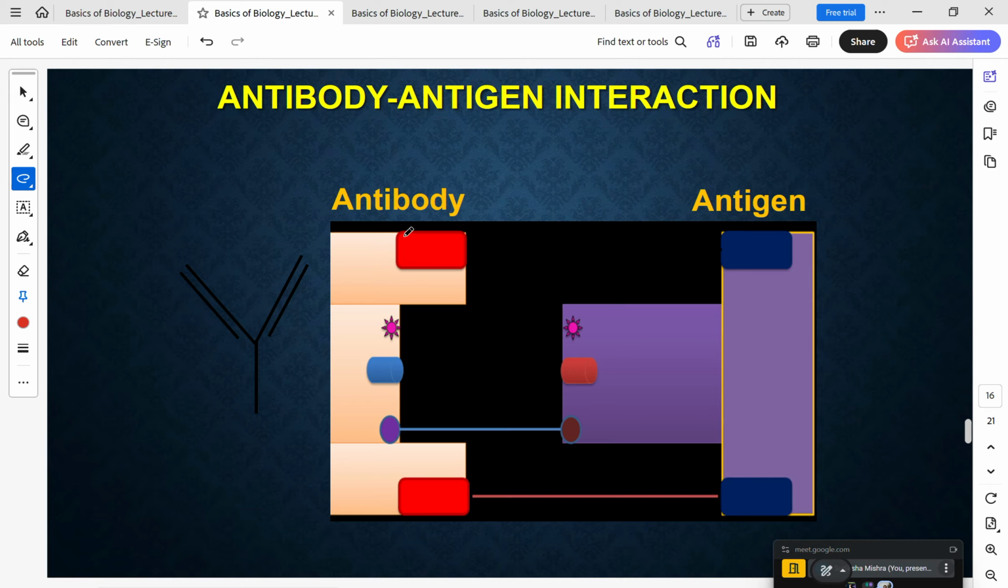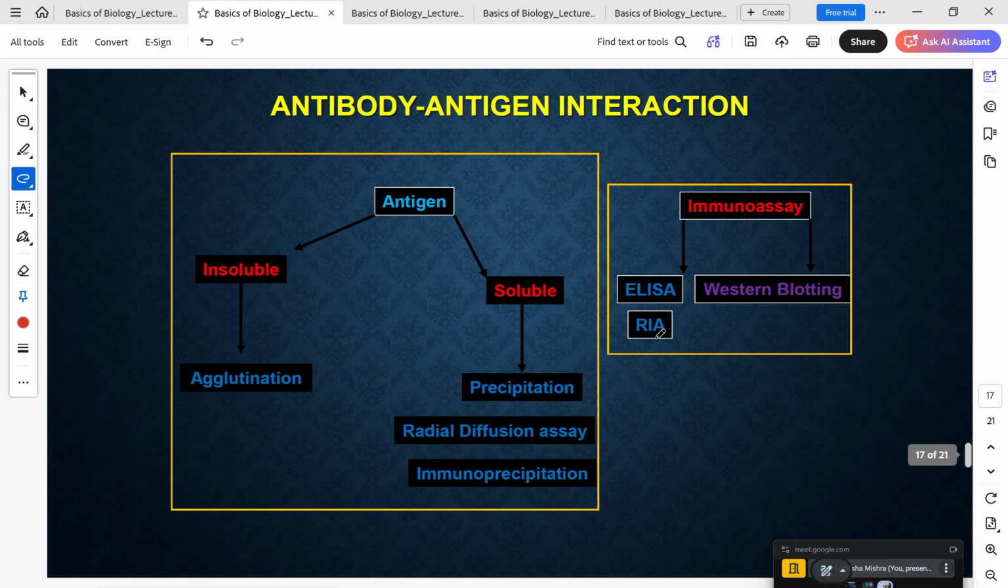There are van der Waals interactions and electrostatic interactions happening. There will be certain regions within the antibody that are negatively charged, and those complementary regions in the antigen will be positively charged. Because of these, there is a very strong interaction happening between the antibody and the antigen.